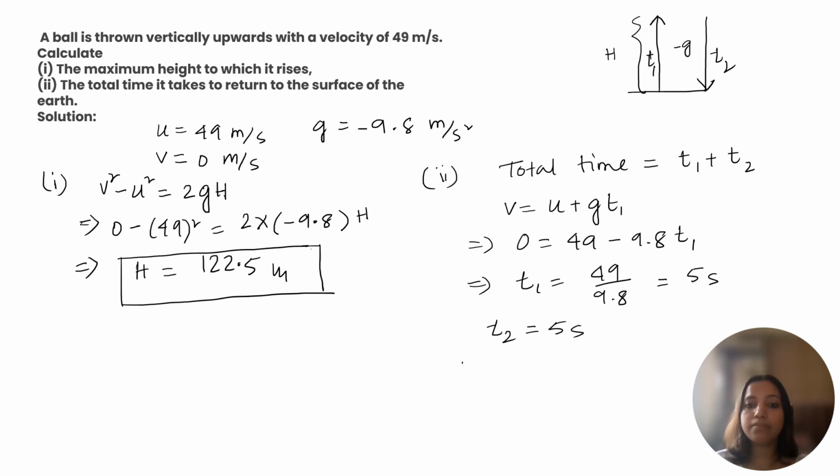But the total time is t1 plus t2. That means 5 plus 5 seconds, which is 10 seconds. So this is our answer: the total time it takes to return to the surface of the earth would be 10 seconds. Okay, so I think you understood. Thank you for watching.